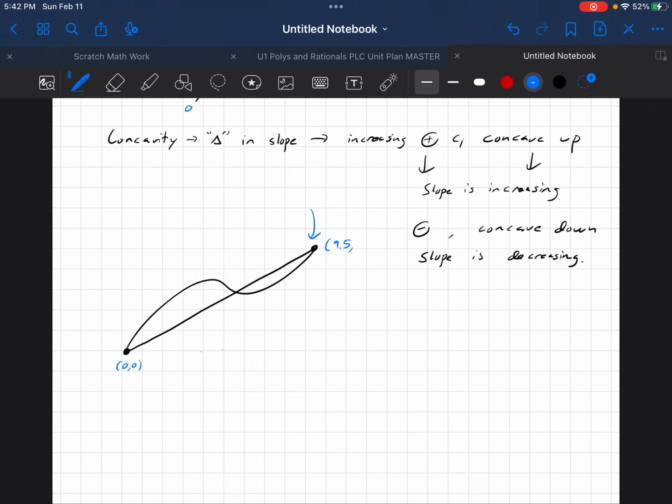And then this is 1, 2, 3, 4, about 5. So the average rate of change in this graph from this point to this point is 5 over 9.5, because that's the change in the y values, 5 minus 0, over the change in the x values.